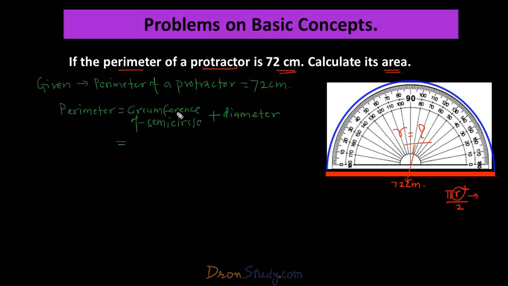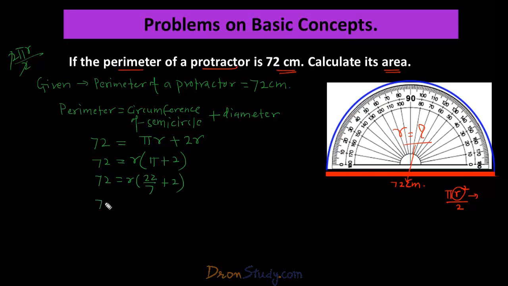So circumference of semicircle is pi r, circumference of circle is 2 pi r, and so of semicircle it will be pi r plus diameter is nothing but 2r, twice of the radius. So here perimeter is given as 72 centimeter. So 72 is equal to, here r is a common factor, so take it out as a common factor. So inside the bracket it will be pi plus 2. So 72 is equal to r into bracket 22 by 7 plus 2.